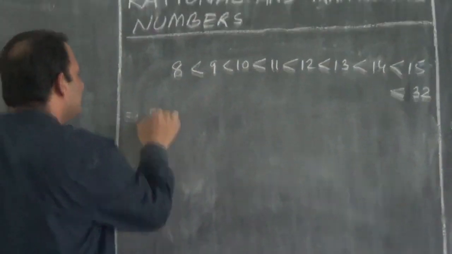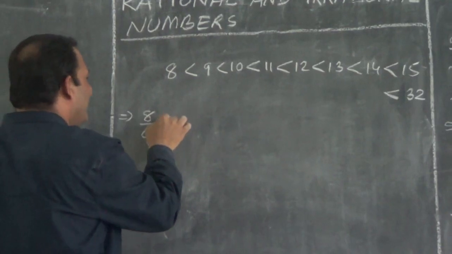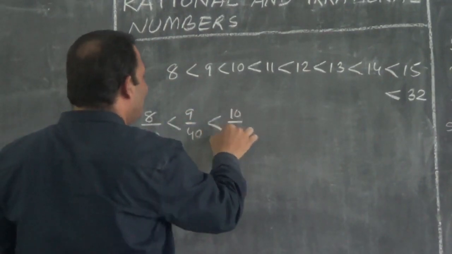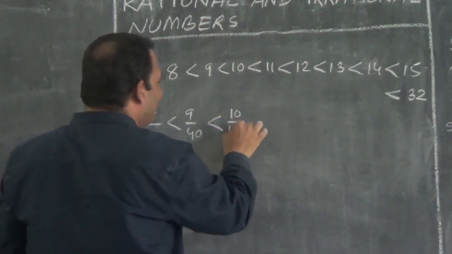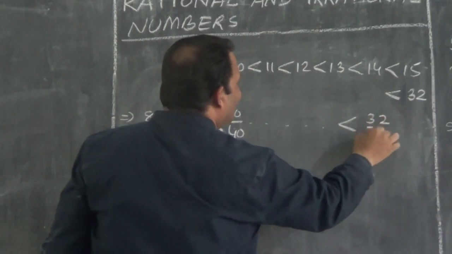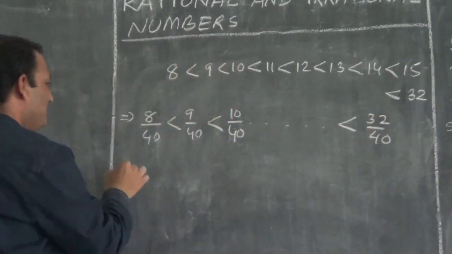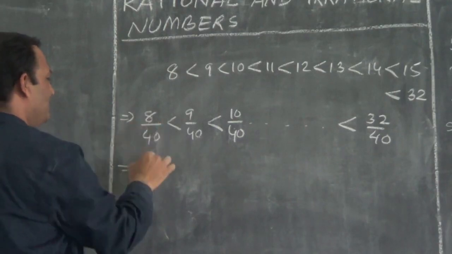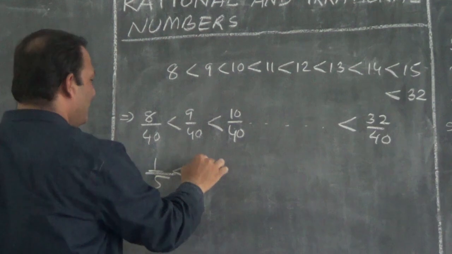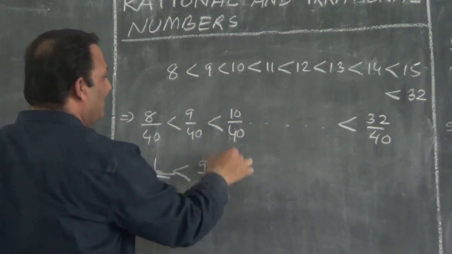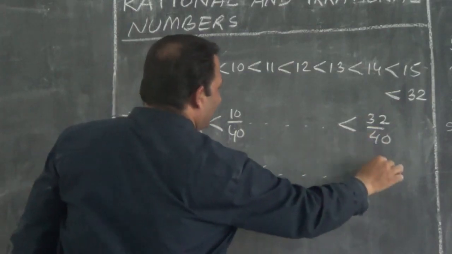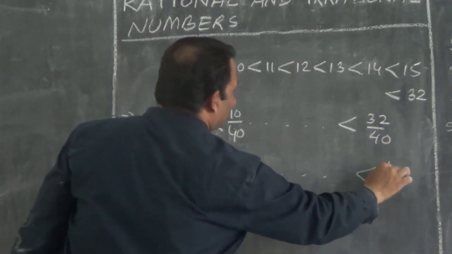That implies 8 by 40 less than 9 by 40 less than 10 by 40. You have to write it this way, and it will go up to less than 32 by 40. Then if you want, you can reduce wherever possible. 1 by 5 less than 9 by 40, here you cannot reduce, then 10 by 40 is 1 by 4, and the last one is 8 by 5.